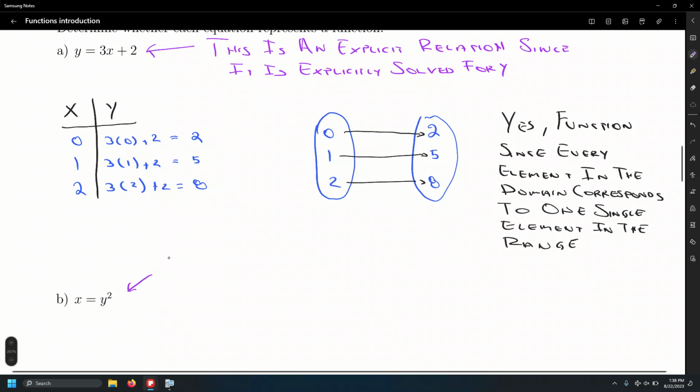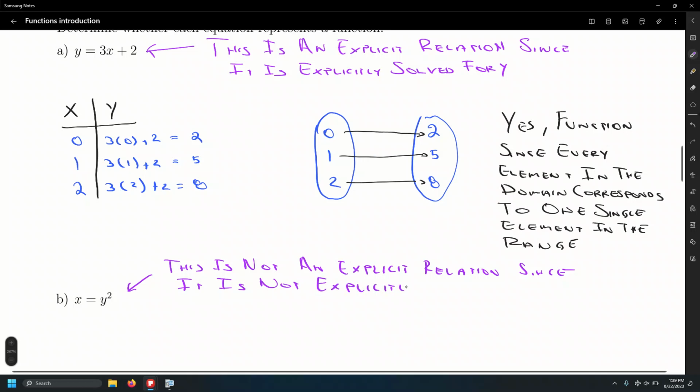So here, unfortunately, this is not an explicit relation, since it is not explicitly solved for y, all right?